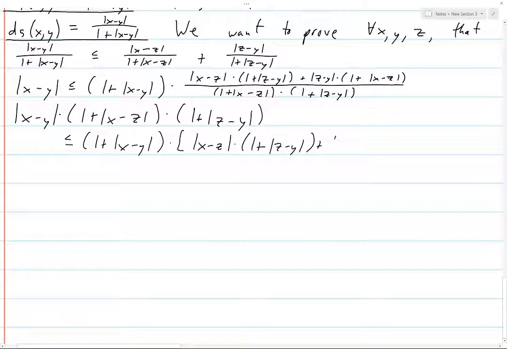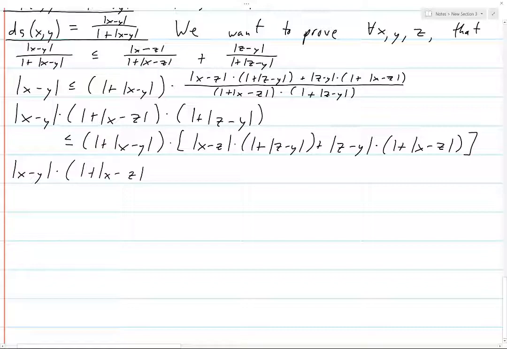We'll do this over a few steps. We have to multiply this thingy out. Norm of x minus z, oh, this is awful. Norm of x minus z plus norm of z minus y plus norm of x minus z times the norm of z minus y.